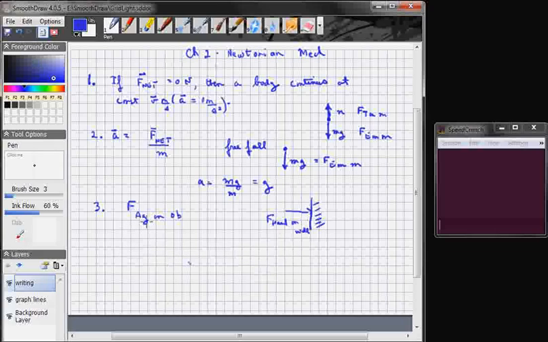Newton number 3 says that if there is a force of the hand acting on the wall, then there is an equal and opposite force of the wall acting on the hand. So if this is the hand right here, then there is a force of equal magnitude in the opposite direction. I should put little vector arrows on top of here.